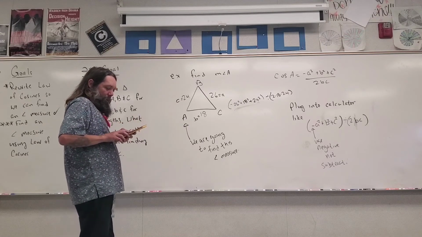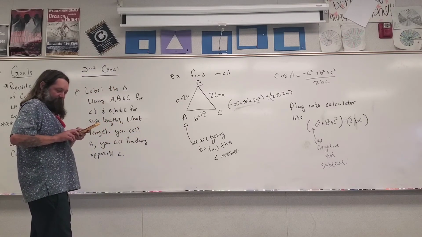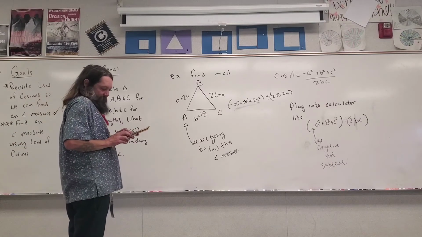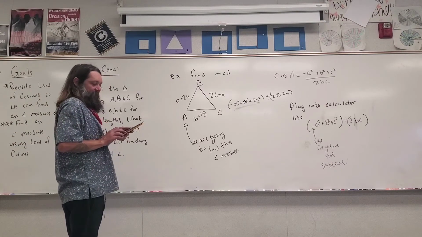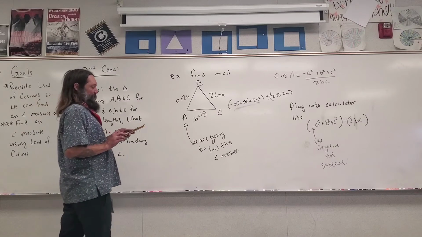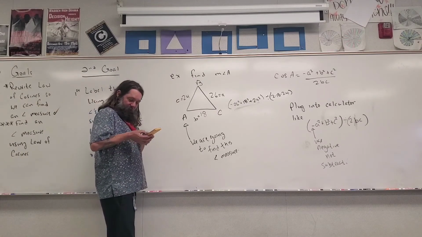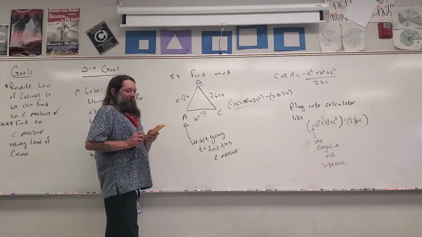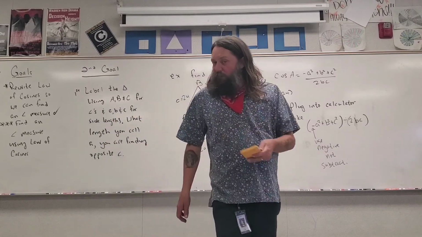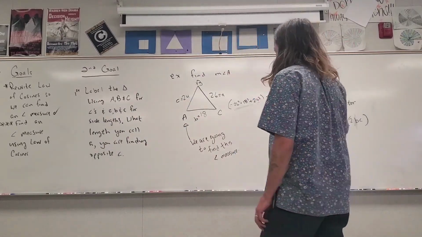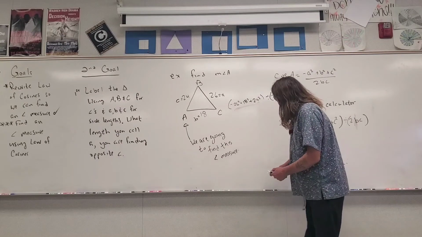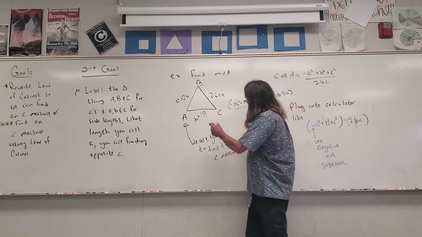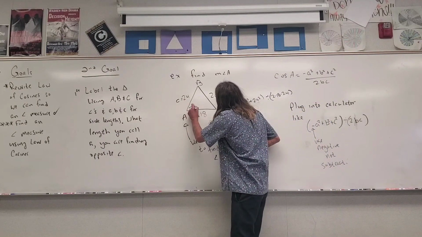Divide that by parentheses 2 times 18 times 24, close that parentheses. I forgot the parentheses. And then close the other parentheses. Boom. All right, here we go. My angle measure is 74.97 degrees, which roughly rounds to 75 degrees. So the measure of angle A is 75 degrees.